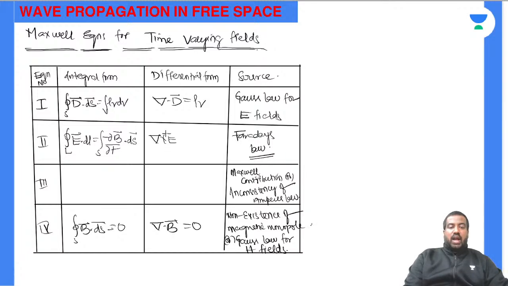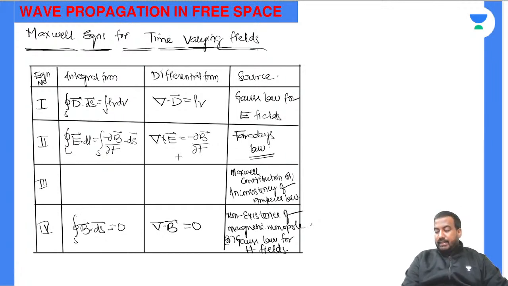Differential form: del cross E is equal to minus dou B by dou T. Spatial orientation of electric field depends on time varying magnetic field. Clear?